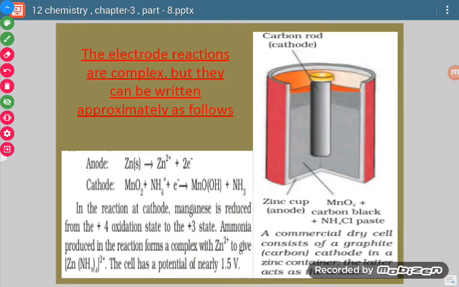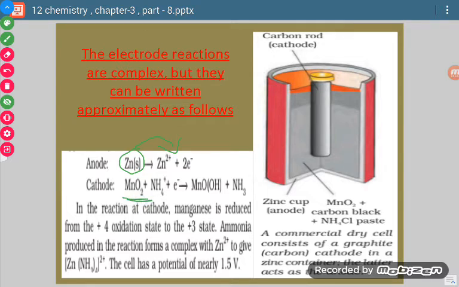Now, if you see, what has undergone oxidation? The zinc container has undergone oxidation. So what does it mean? It means with the passage of time, zinc will finish. When all of the zinc changes into Zn2+ ion, then the cell will end up. And what undergoes reduction?